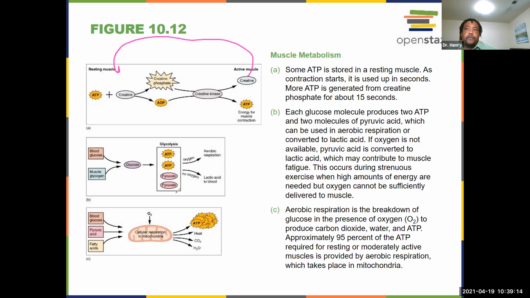And then during glycolysis, we get the production of a little bit of ATP, right? And then we get pyruvate. Well, if there's aerobic respiration, we're going to end up with 32 ATP, which is shown down here.